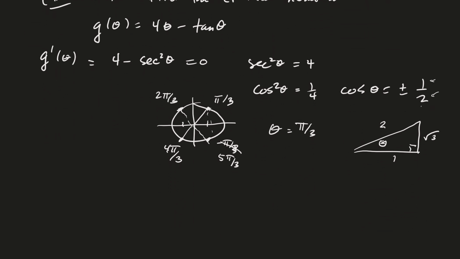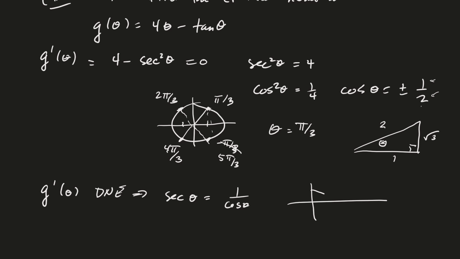Okay, so are there any other points that we have to be concerned about here? Well, the secant, remember, is 1 over the cosine. So g prime of theta does not exist where the secant is not defined, so where is the cosine of theta equal to 0?